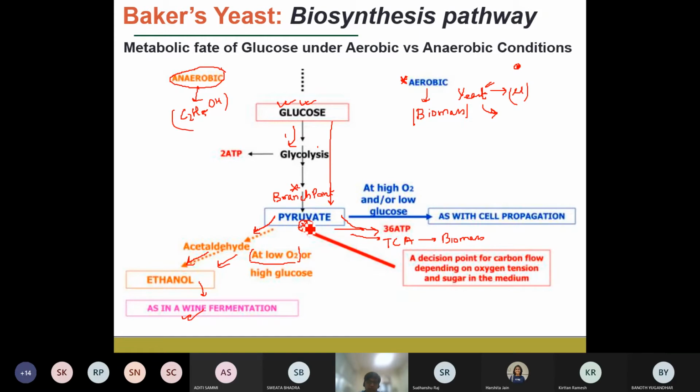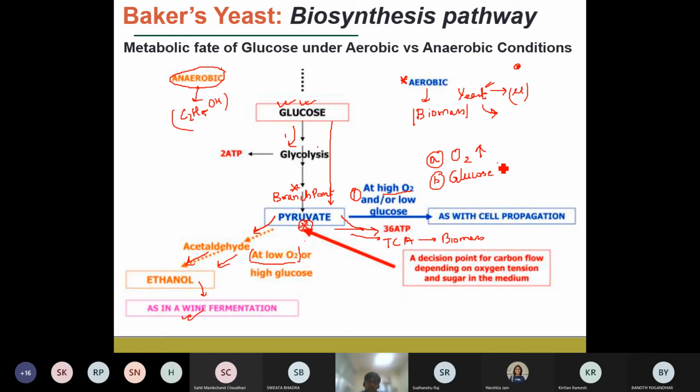Until before this, from glucose to pyruvate, these pathways remain unchanged for both the aerobic and the anaerobic cases. At this particular point, once the pyruvate is produced, two things are taken into consideration: the first being the oxygen concentration, and the second being the glucose concentration. If there is a very high oxygen concentration, it will go to the production of biomass.